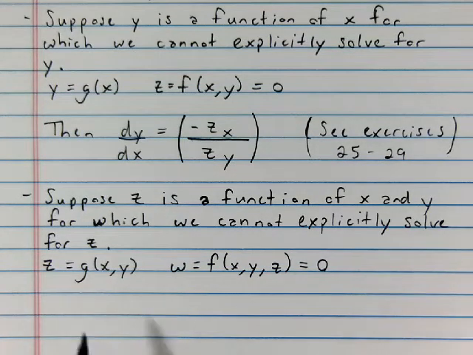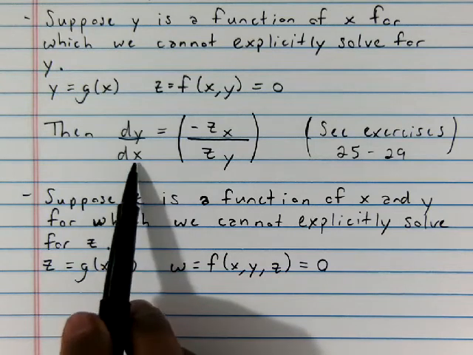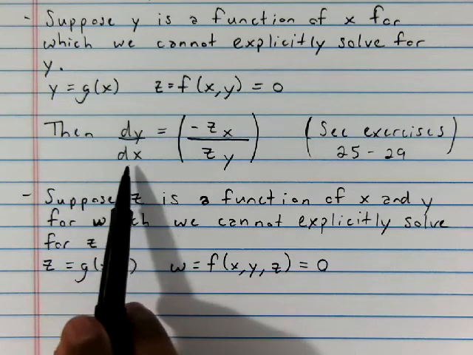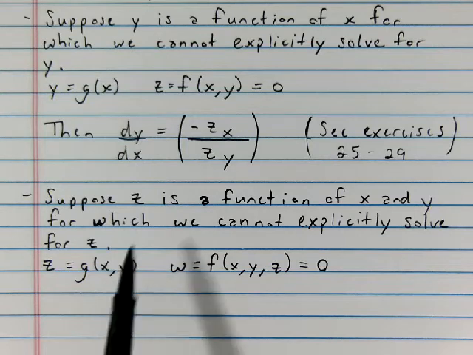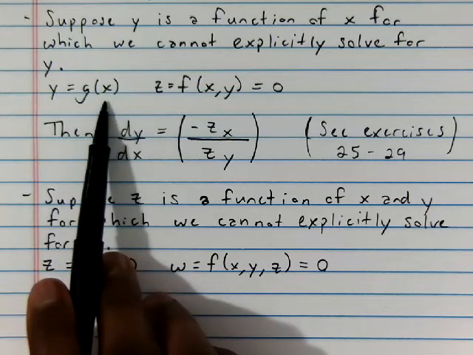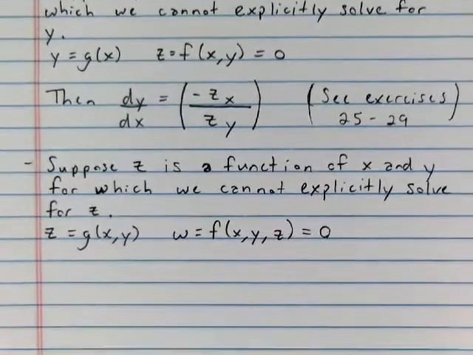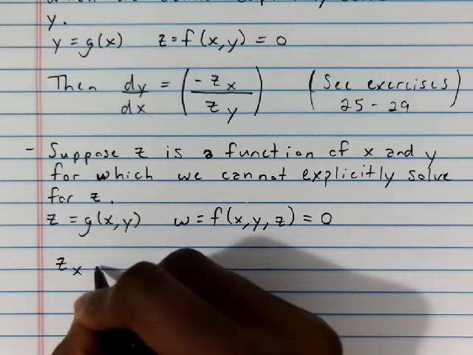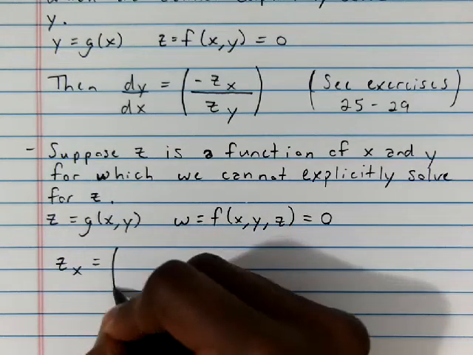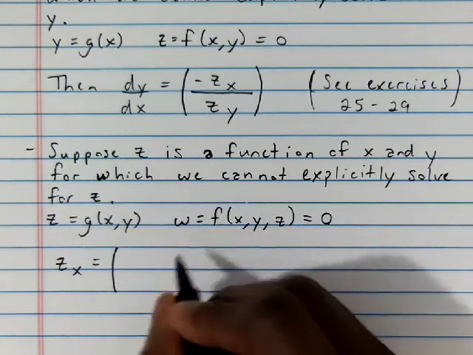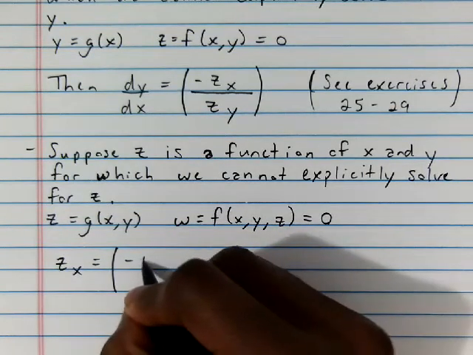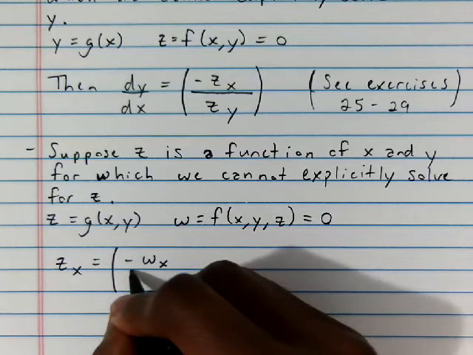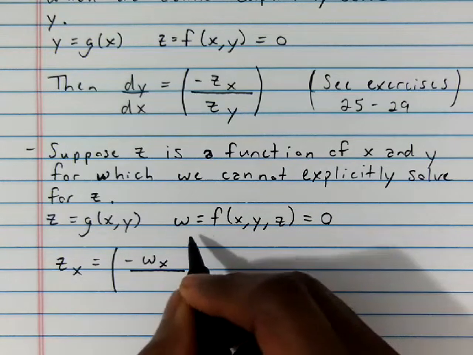Now, because z is a function of x and y, we're not finding an ordinary derivative with respect to one variable. We're going to have to find partials because z is a function of two variables. Before, it was an ordinary derivative because y is a function of one variable. So the partial of z with respect to x is going to be equal to the negative of the partial of w with respect to x, so negative w sub x, divided by the partial of w with respect to z.